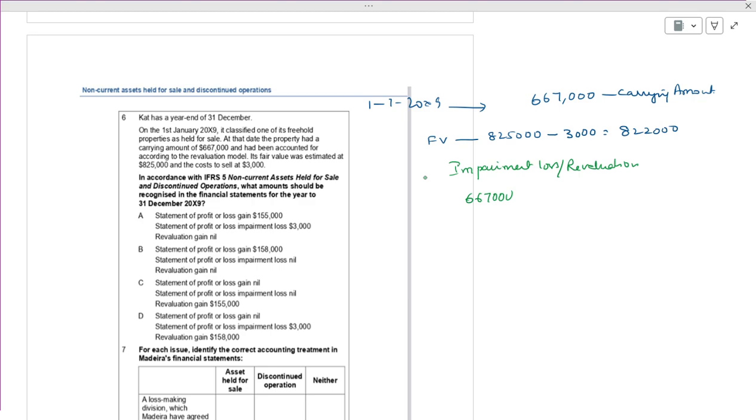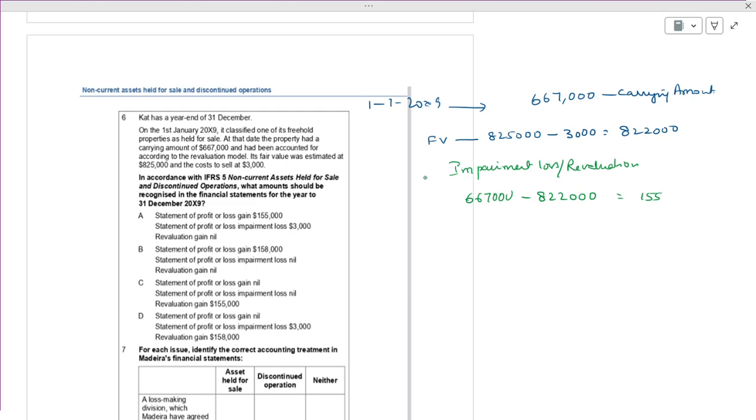What is the difference? 155,000, accounted for under the revaluation model.